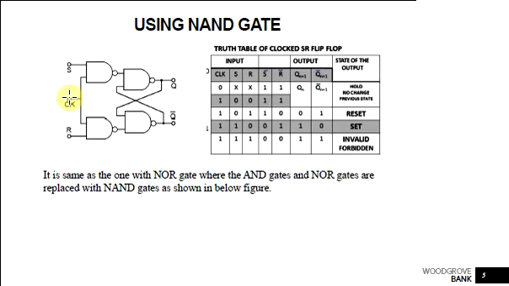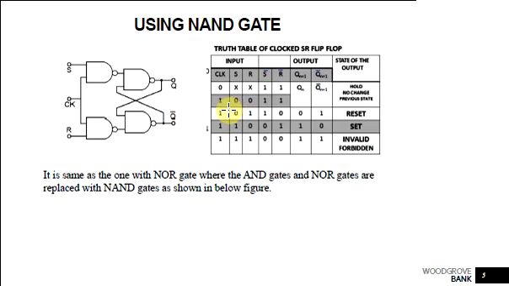Whenever we give 1 to the clock pulse, the output changes according to the inputs. Otherwise, when the clock is low, the output remains in the no change condition.